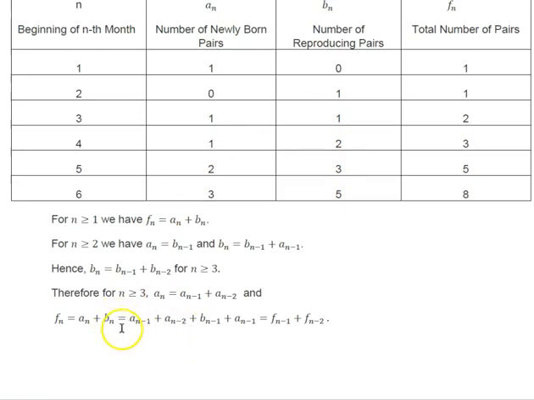Thus, f sub n, which is a sub n plus b sub n, is this. a sub n minus 1 plus b sub n minus 1 is f sub n minus 1, and a sub n minus 2 plus b sub n minus 2 is f sub n minus 2.